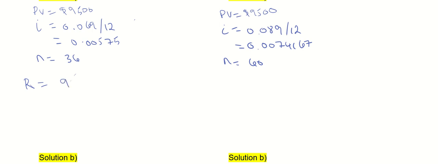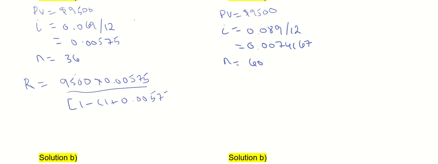So it's 9500 times the interest, which is 0.00575, over brackets 1 minus 1 plus interest again, 0.00575, and then this would be negative.